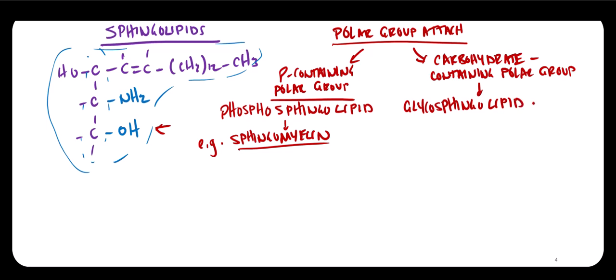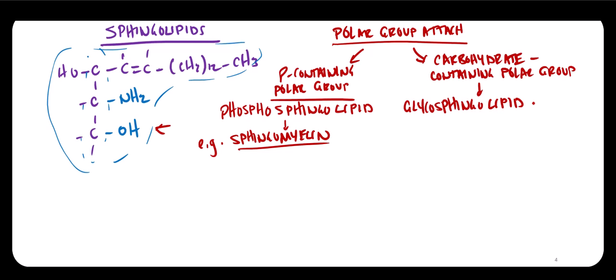And again, with these words, break them down. It'll tell you what they're made up of. We can divide the glycosphingolipids into some different categories. I'm not sure it's super important at this point to do it, but we can do it.